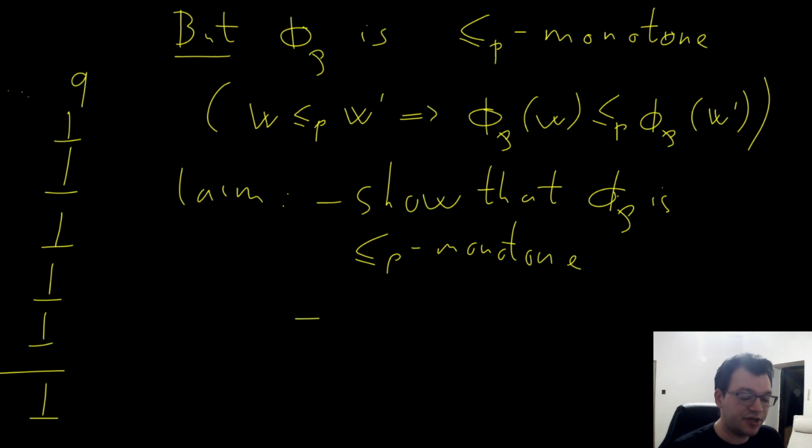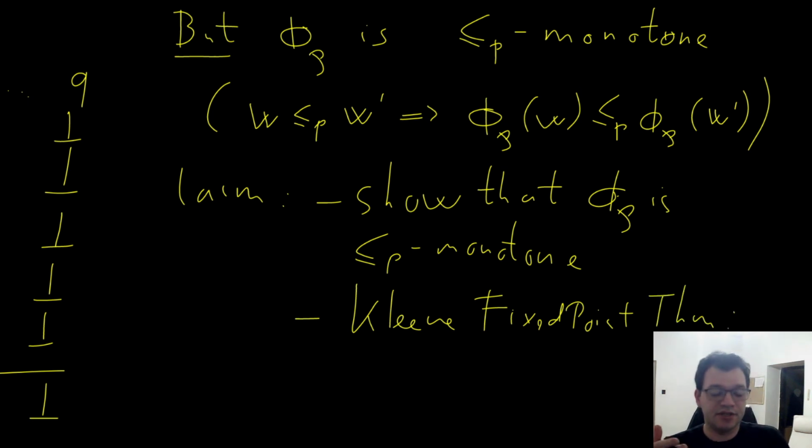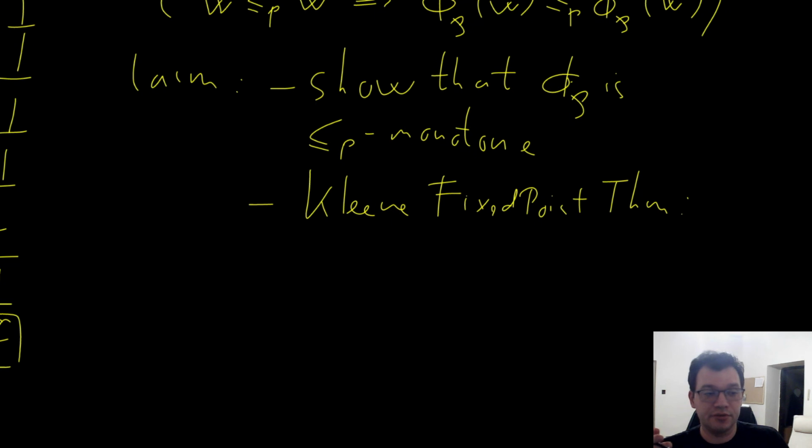And there is also another fixed point theorem, the so-called Tarski-Kleene fixed point theorem. It says that any monotone function has a least prefixed point, which happens to be also a fixed point as well.